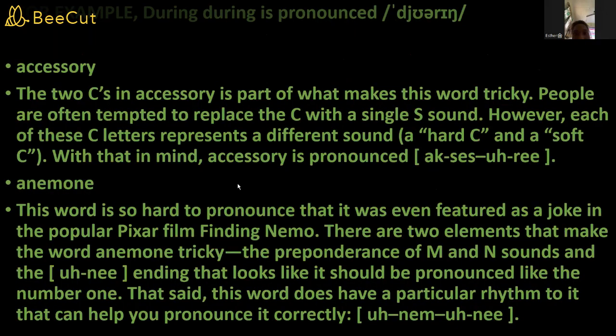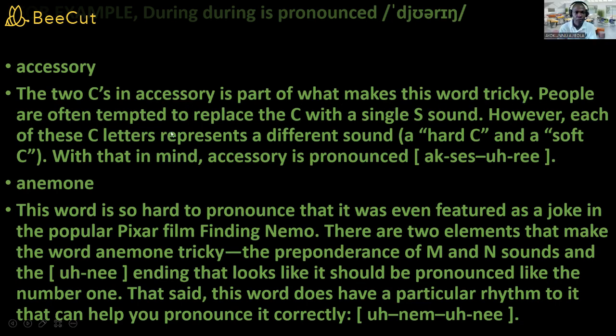So for example, the word during. It's pronounced during, as if you are pronouncing letter J. Jarring, not jarring, but jarring. Now, some people will pronounce this word as accessory, but actually, the two C's in accessory are part of what makes this word tricky.